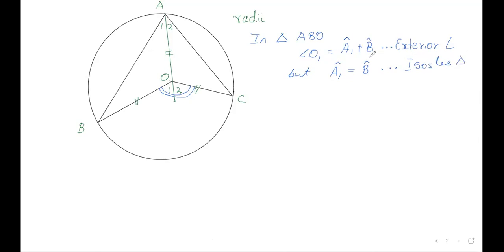The base angles of an isosceles triangle are equal. This angle is equal to that angle because BO is equal to AO, isosceles triangle. Therefore, we can write this statement in terms of angle O1 is equal to A1, you can write B because they are equal.